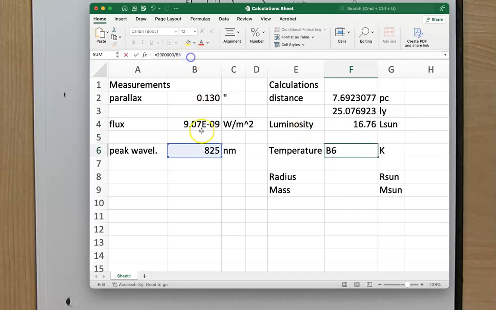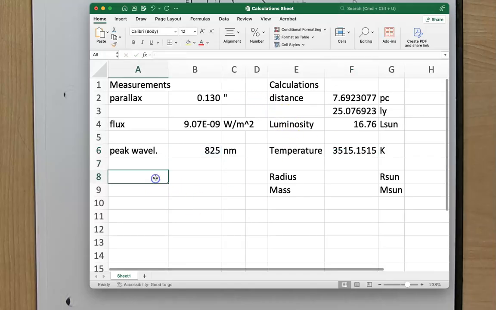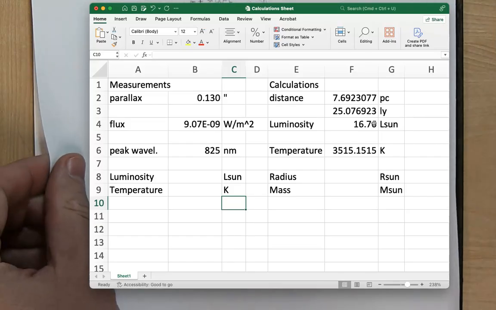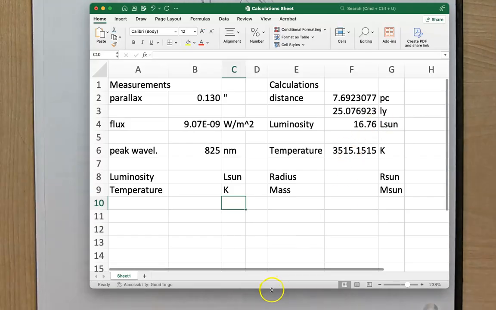This cell here takes the peak wavelength to calculate the temperature. So now I'm going to take those and put them over here. Luminosity, temperature. The luminosity here is in solar luminosities, just like before, and the temperature's in Kelvin, just like before, because look at our equations here.